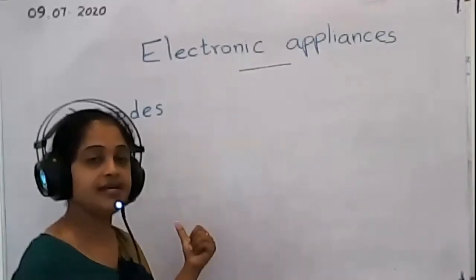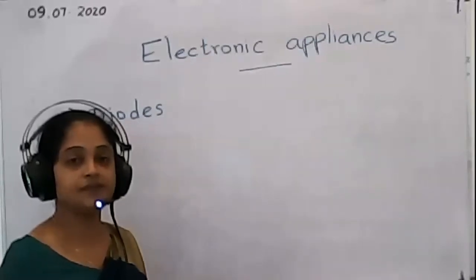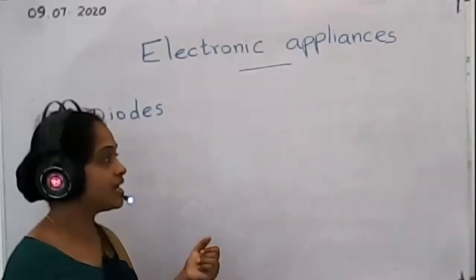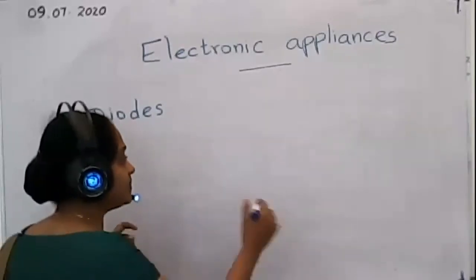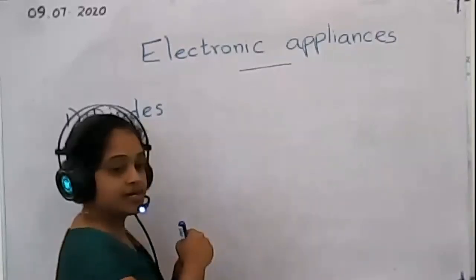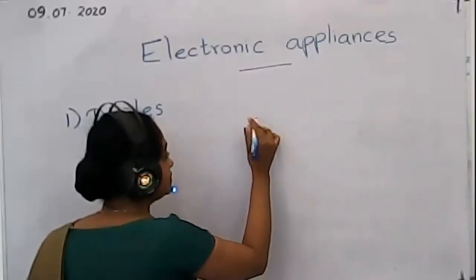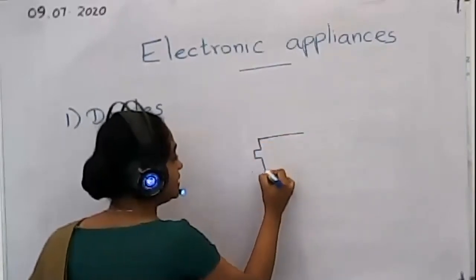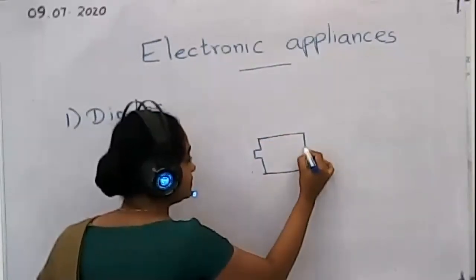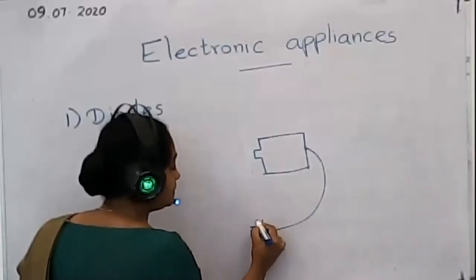Right. Next, write down activity 8.10. Activity 8.10. Right, Putala? Now you have to draw the diagram as previous. Hurry up and draw the diagram. There is a dry cell like this. One end is connected with a bulb.